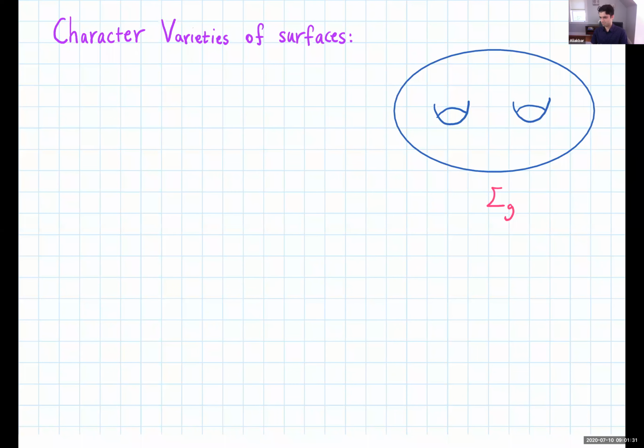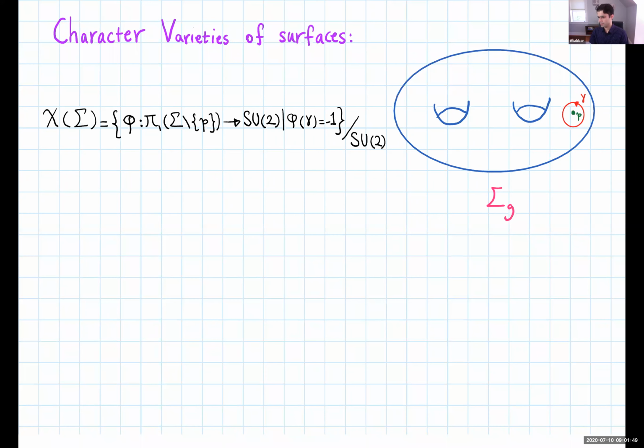Let me first tell you what symplectic manifolds I am interested in. Fix a Riemann surface Sigma_g, and we puncture it once, and we look at the loop which goes around the puncture once. Associated to this, we can define an SU2 character variety, which is the space of representations of the fundamental group of this punctured surface to SU2.